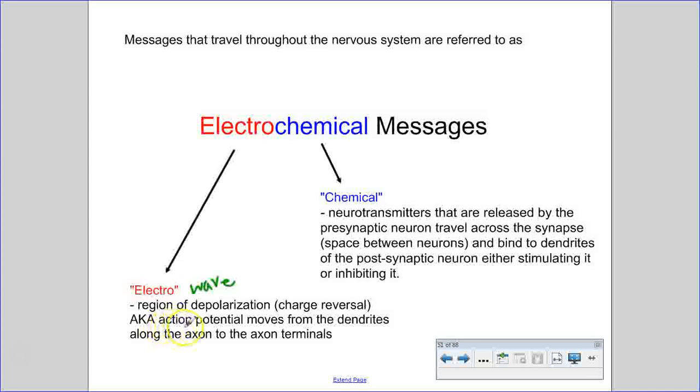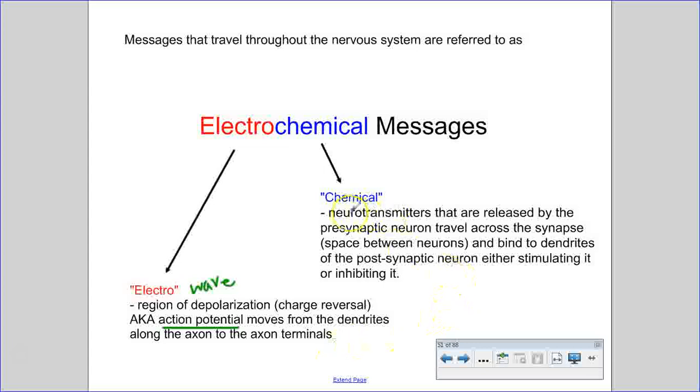If you're reading about this part of the message, they might call it a region of depolarization, a wave of depolarization, or the action potential. In any case, this region moves from the dendrites along the axon towards the axon terminal. So it's always in that direction.